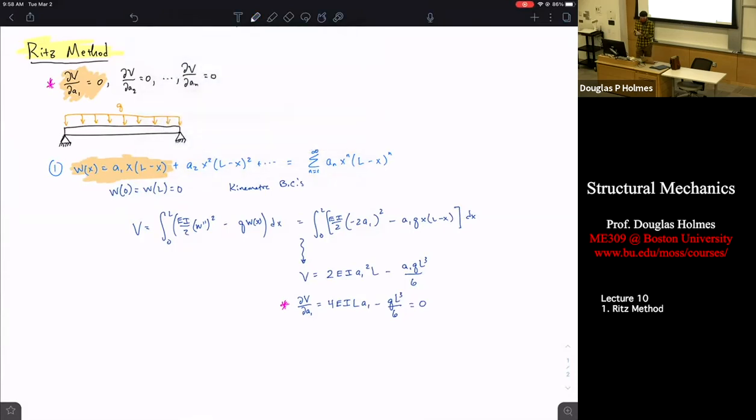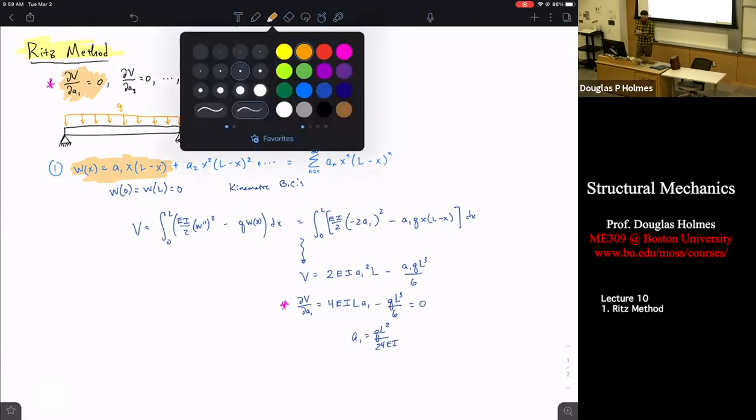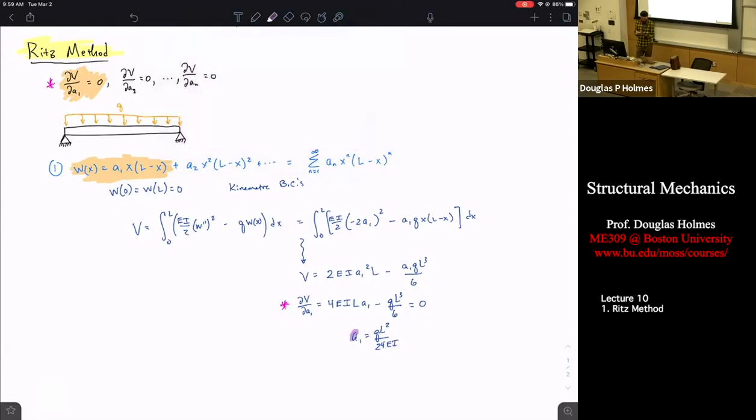We can here solve for A1, and your first constant should be QL squared over 24 EI. And if you recall, this is the only thing we don't know about our guess. So now we're good.